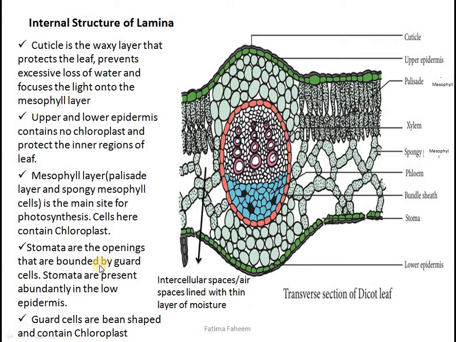Stomata are the openings bounded by guard cells, and stomata are present abundantly in the lower epidermis compared to the upper one. Guard cells are bean shaped and contain chloroplast. So now we know that in the structure of leaf, 3 sites are there where photosynthesis can take place. First is palisade mesophyll cells, then spongy mesophyll cells, and then the guard cells.